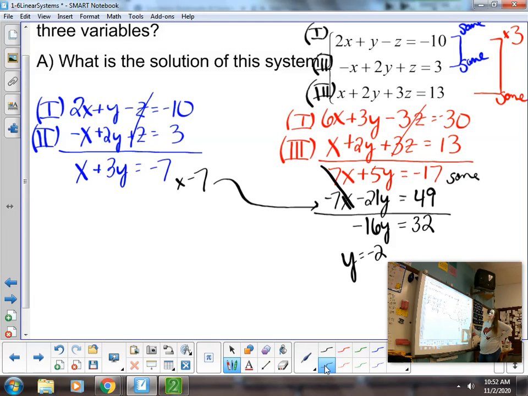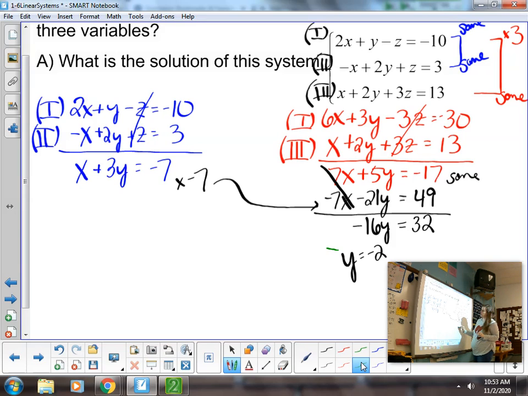So now, we have y is equal to negative 2. However, we are still missing a value for x, and we're still missing a value for z. So to find x, I need to go back a previous step to either my new blue or my new red equation, and I need to plug the y into one of those to solve for x.